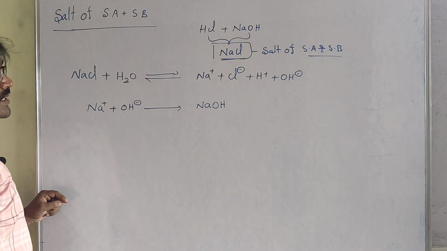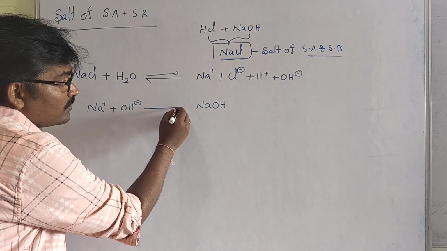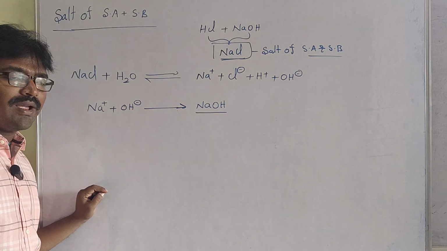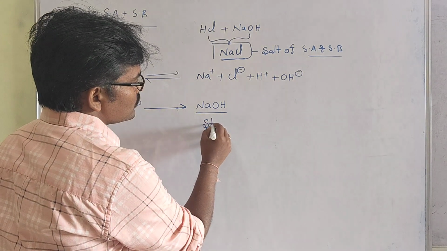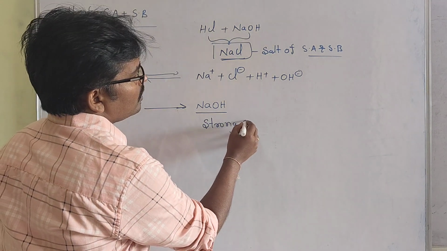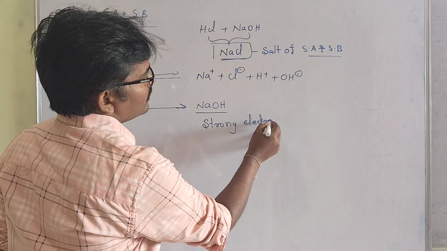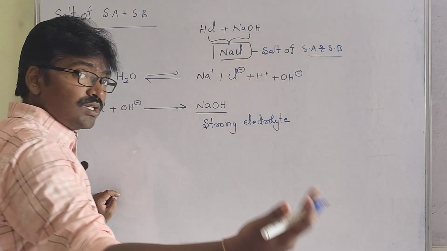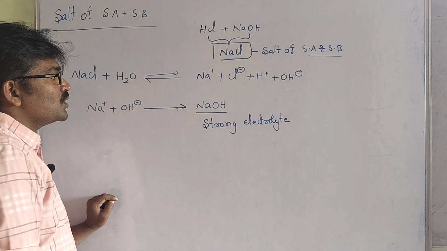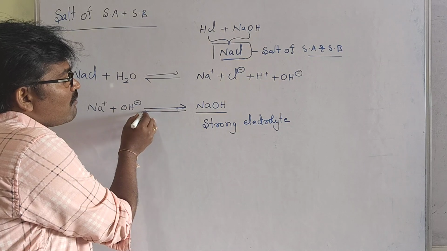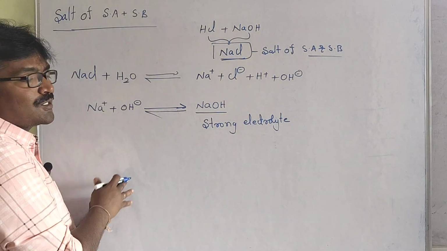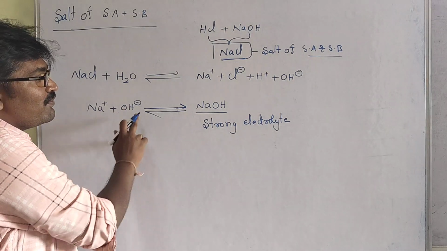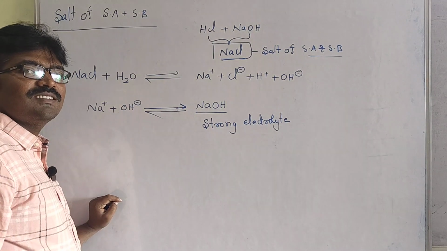If you observe carefully, in this reaction, this is a strong electrolyte. Strong electrolytes undergo 100% dissociation. So the backward reaction majorly takes place, that is, dissociation into their ions. The forward reaction does not take place.